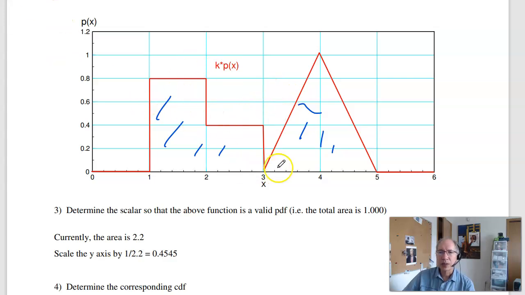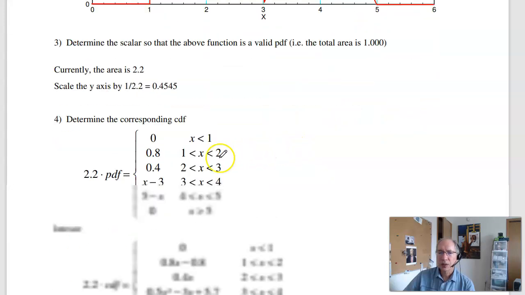So here the slope is 1 in 1 second, so that is equal to x. Plug in x equals 3, I should get 0. So x minus 3 is this guy. And in this curve, the slope is minus 1, so that's minus x. Plug in x equals 5, I get 0, plus 5. So this is your piecewise linear function.